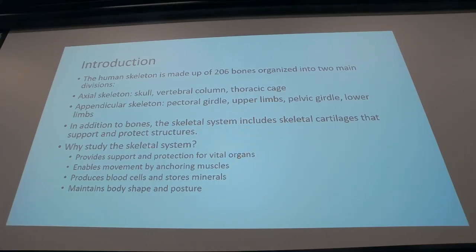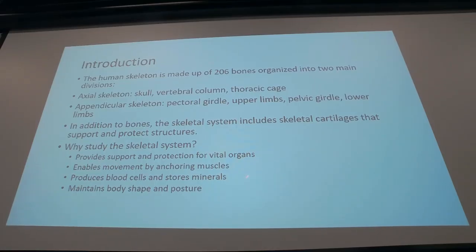So why do we want to study the skeletal system? We're going to see how these bones and the cartilage protect vital organs, and how they enable the movement of our limbs so that we can grab objects, for instance. You already know this because you have already seen how blood is produced in the marrow, in this bone cavity that we have in long bones.